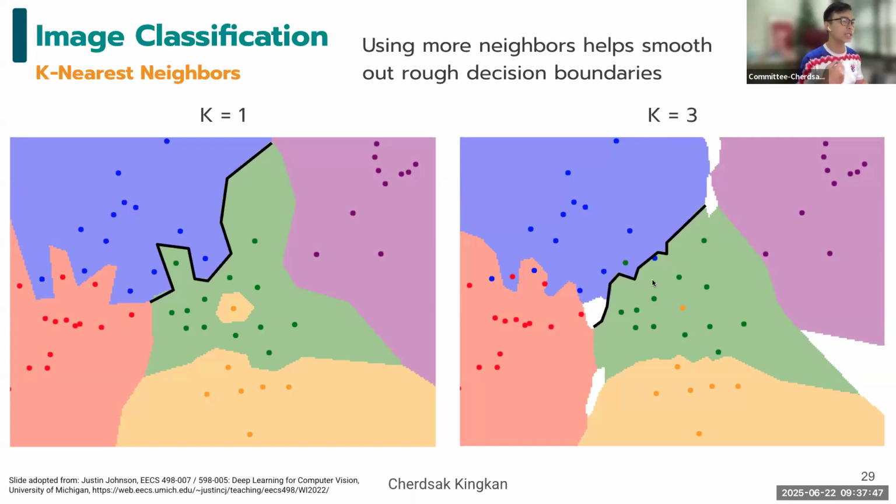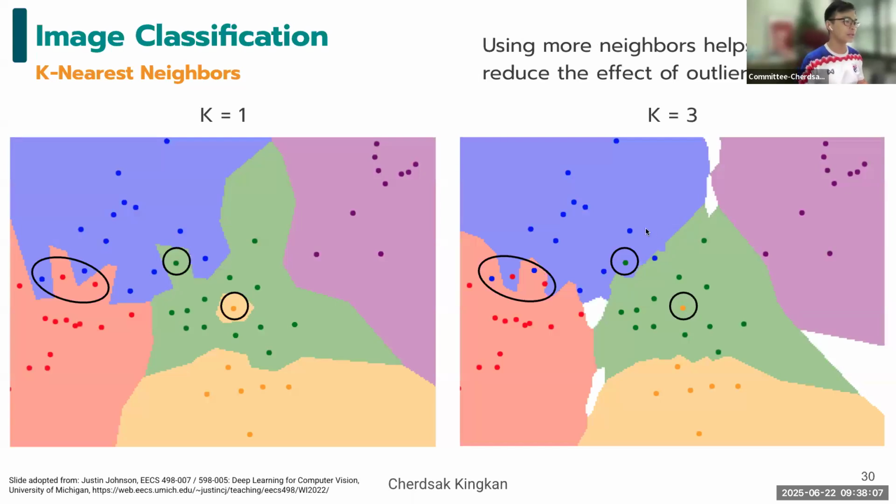So as we increase the number of neighbors, we get a smoother boundary between classes, and we can reduce the effects of the outliers or the noise, for example, the yellow area over here.